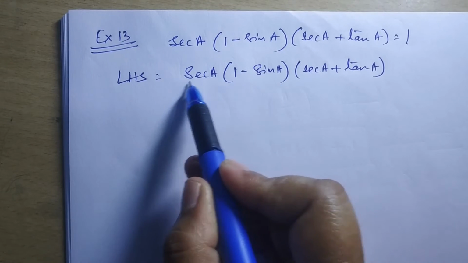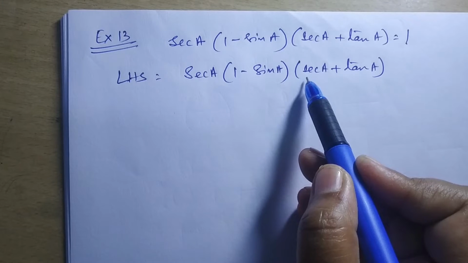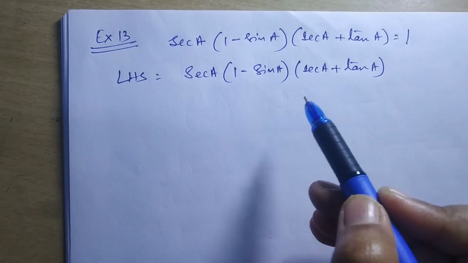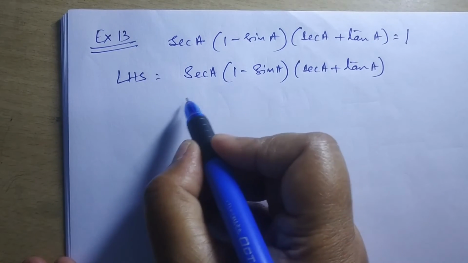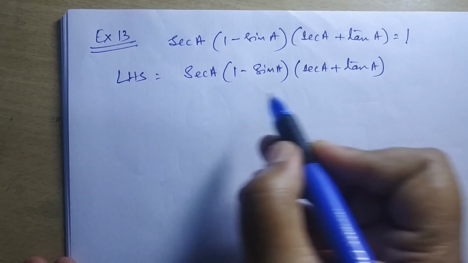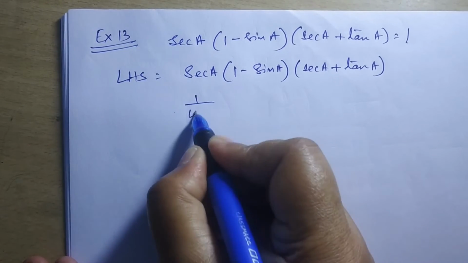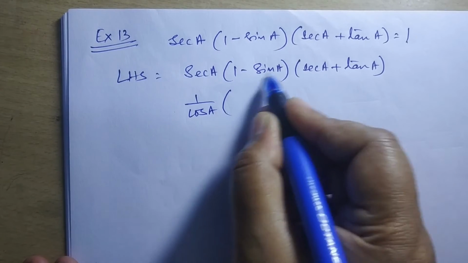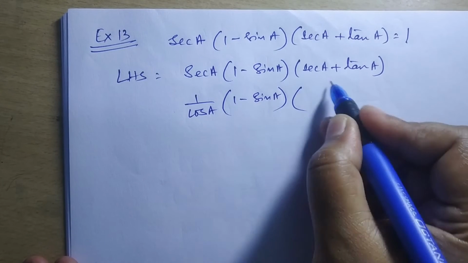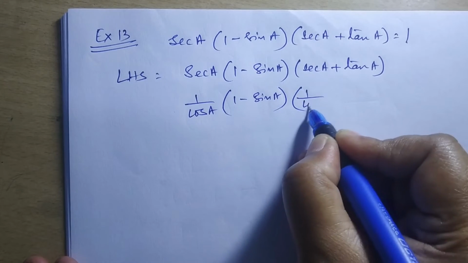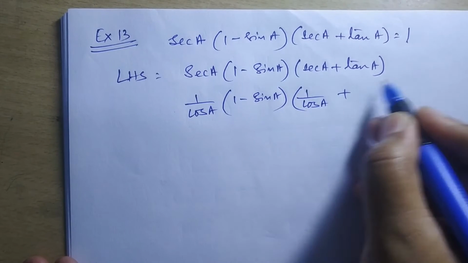See sec and tan, I will write how I am changing it. Instead of telling so much, you see first. Okay. So what is sec A? It is 1 by cos A. Sin A I am not changing. I am keeping it as it is. Again, what is sec A? It is 1 by cos A. And what is tan A?